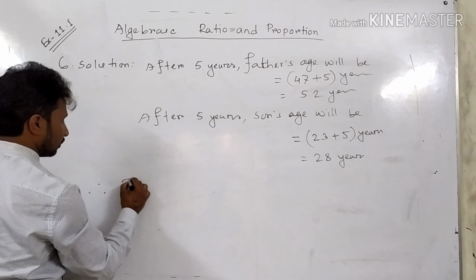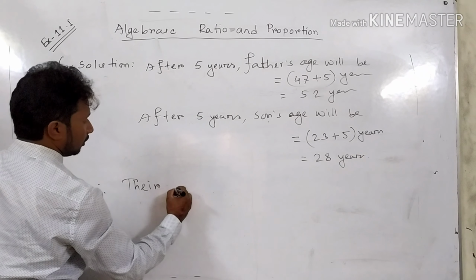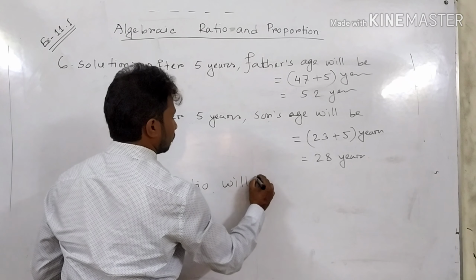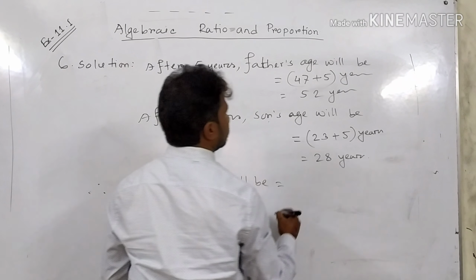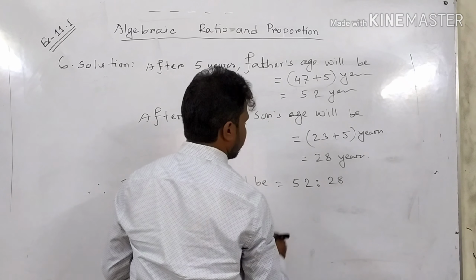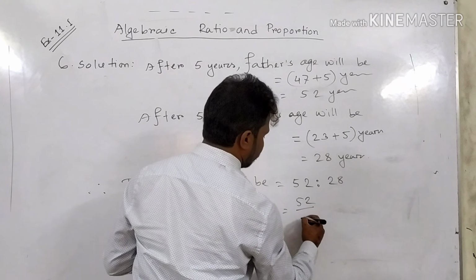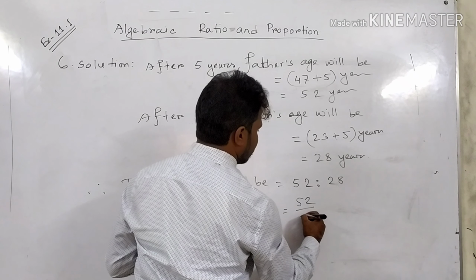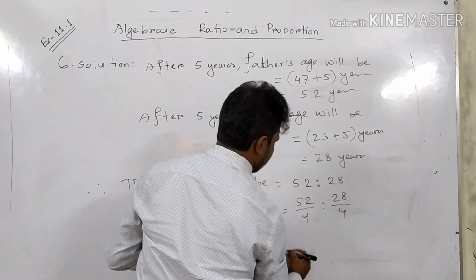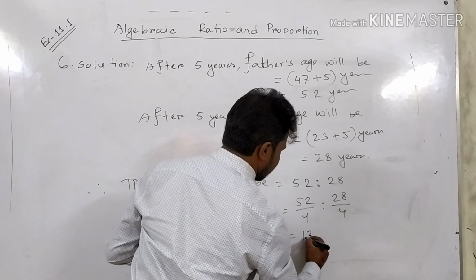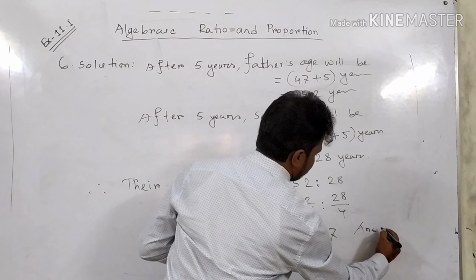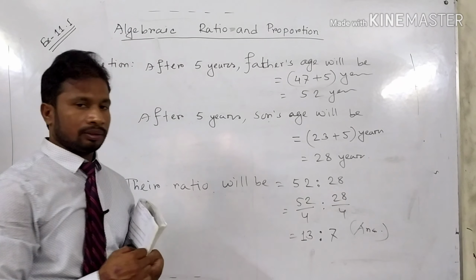Therefore, their ratio will be 52 is to 28. We can divide it by 4, am I right? 4 times 13 is 52, 4 times 7 is 28. So 13 is to 7. This is the answer.